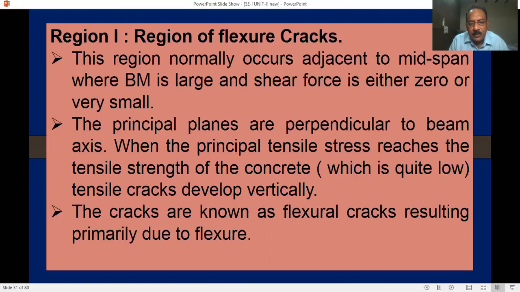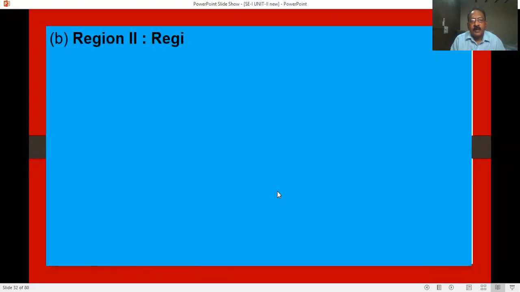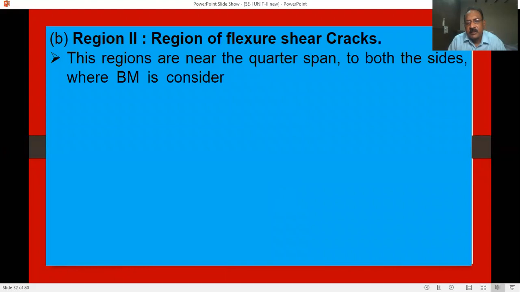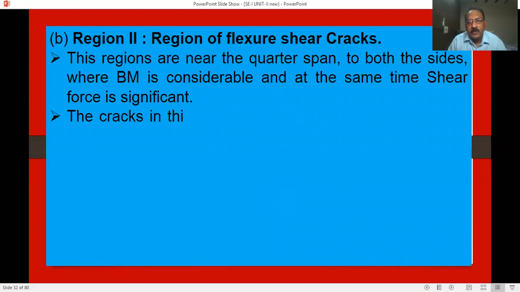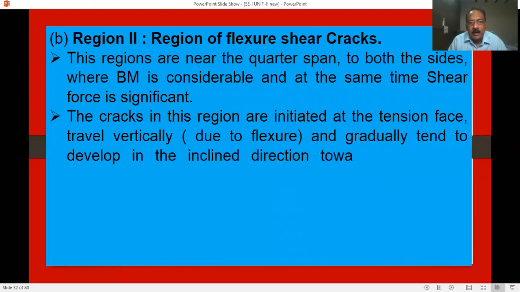These cracks are known as flexural cracks, resulting primarily from flexure. In region 2, it is the second case where you have bending moment and shear force. These failures occur due to bending moment and shear. As I showed in the previous figure, they are near the quarter span on both sides.